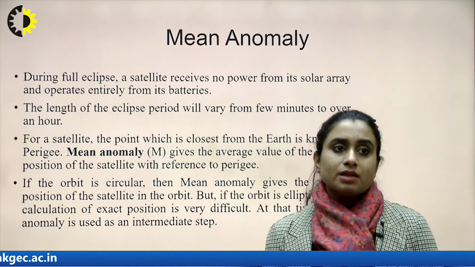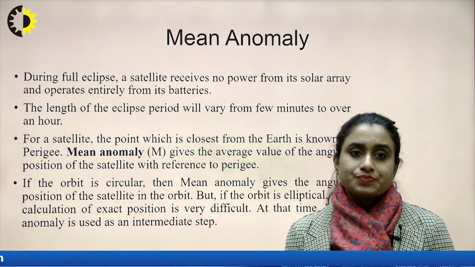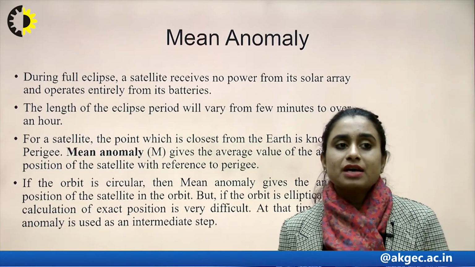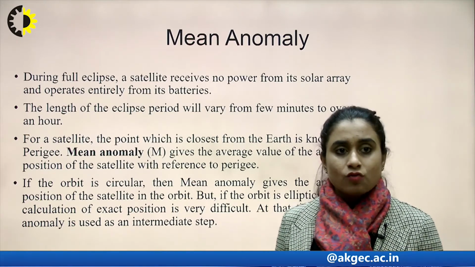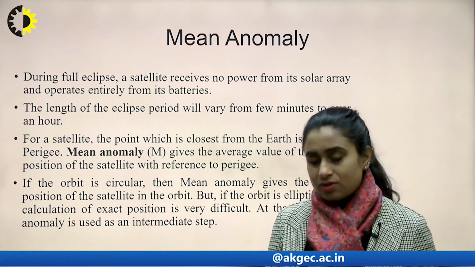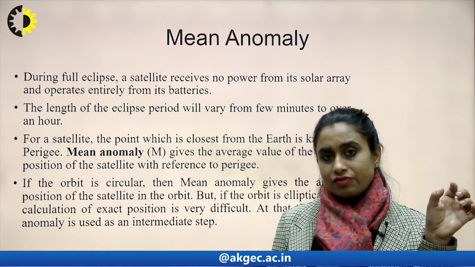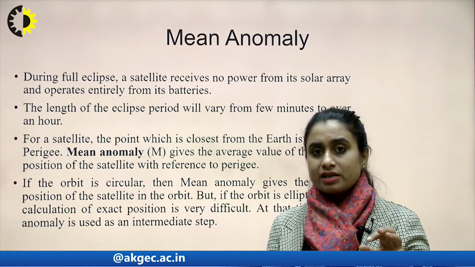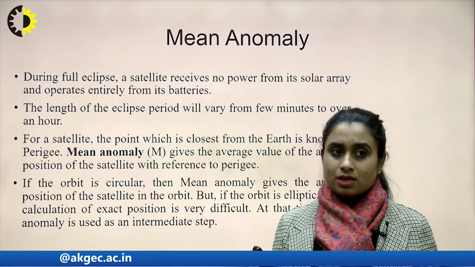What is mean anomaly? Mean anomaly basically gives the average value of the angular position of the satellite with reference to the perigee. We know that perigee is the distance of the satellite when it comes closest to Earth, and apogee is the distance of the satellite when it is farthest from Earth, right?